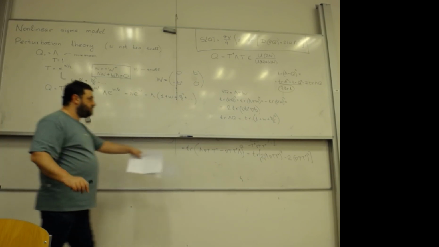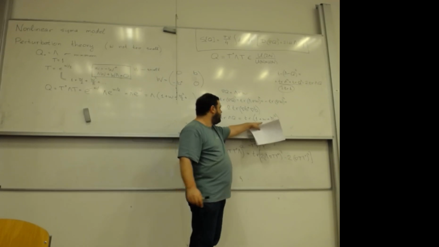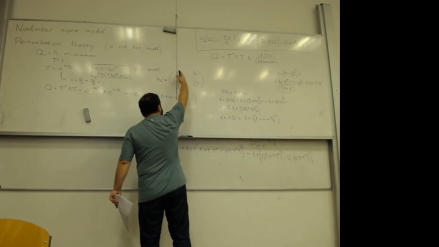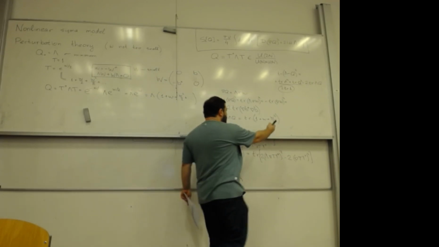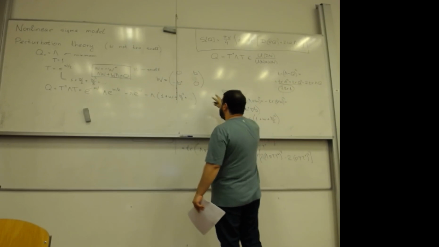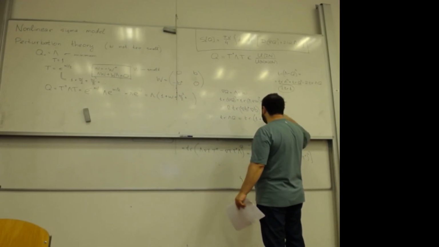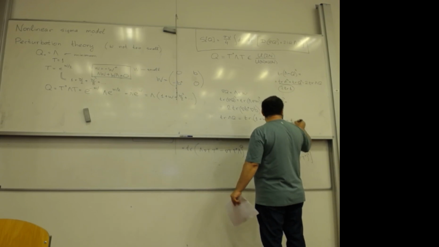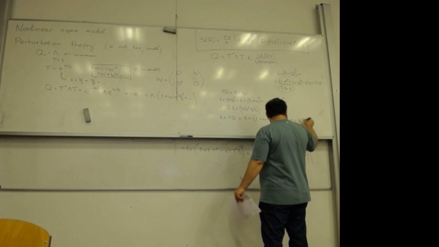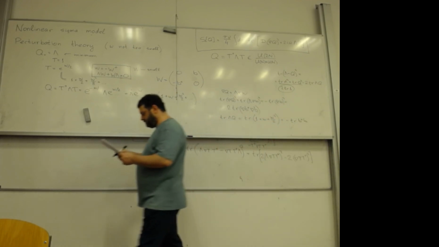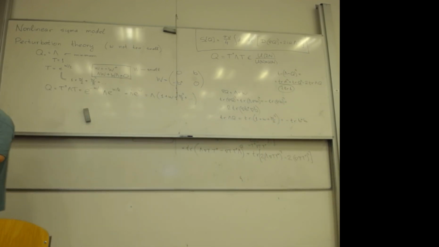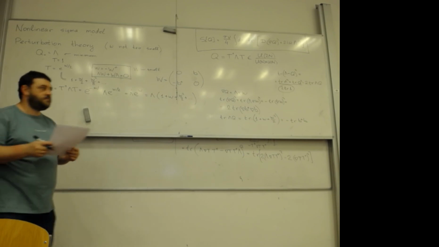Trace of 1 is a constant, which I don't care about. Trace of W is 0 because it is 0 on the diagonal. And trace of W squared is the only thing which remains. And it is minus, so it cancels out, minus trace of B dagger B. Right?